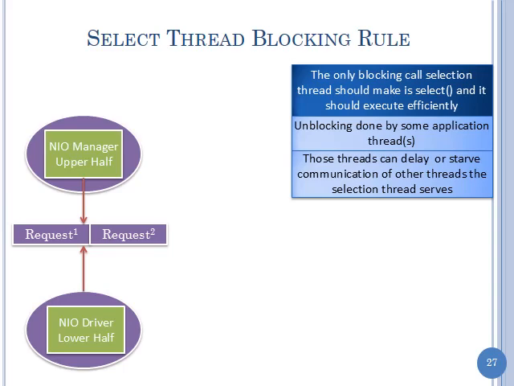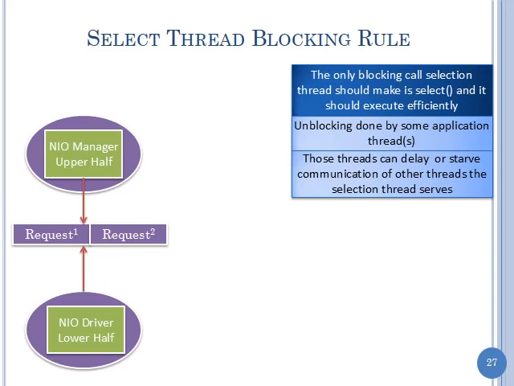I guess I'm trying to say here that if the selecting thread gets delayed, processing for other threads can get delayed. I think the text here doesn't make sense to me right now as I read it. I think the second line should be blocking done by some application threads.